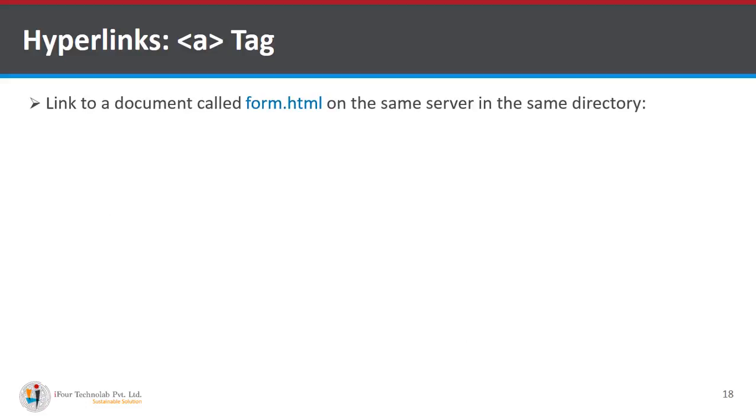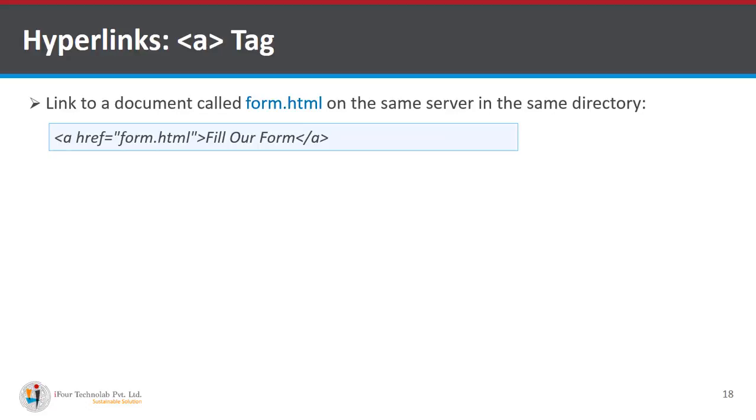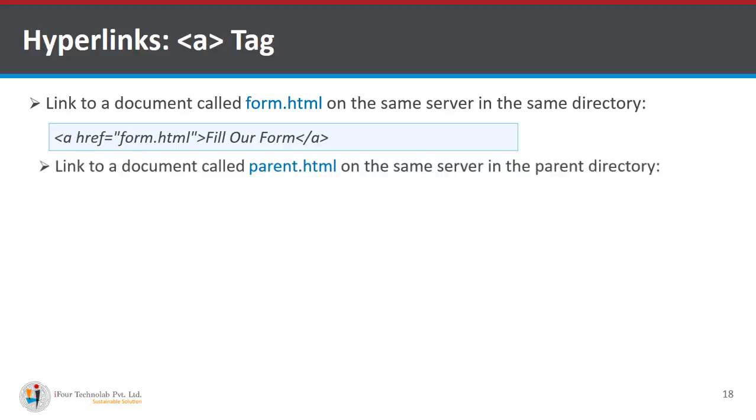Hyperlinks. Let me introduce you to some hyperlinks. Suppose I want to link to a document called form.html which resides on the same server where my HTML file is. So I don't need to give any path to it. I just have to give a reference in the href attribute. Href is an attribute of a hyperlink which redirects on click to that location.